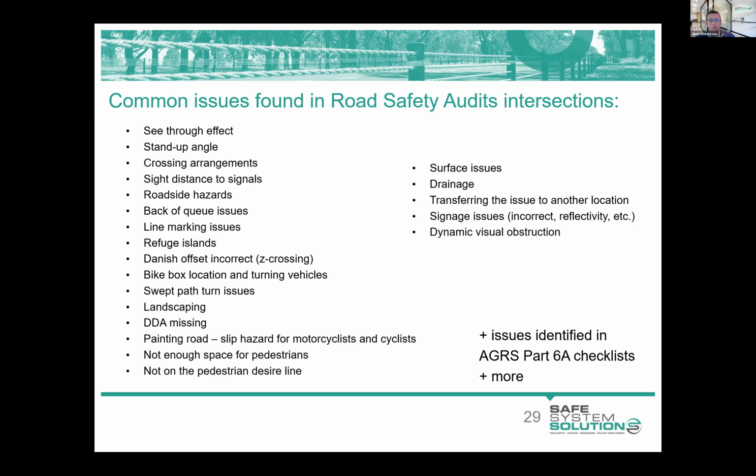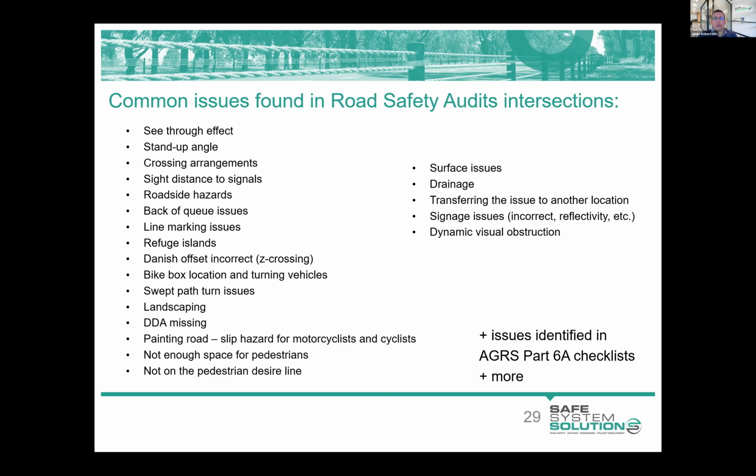So particularly for people that are new to auditing, it can be useful to have a checklist of issues to consider when you're undertaking an audit, and it will include all of those listed here and many more, and many of them won't be applicable to a particular project.